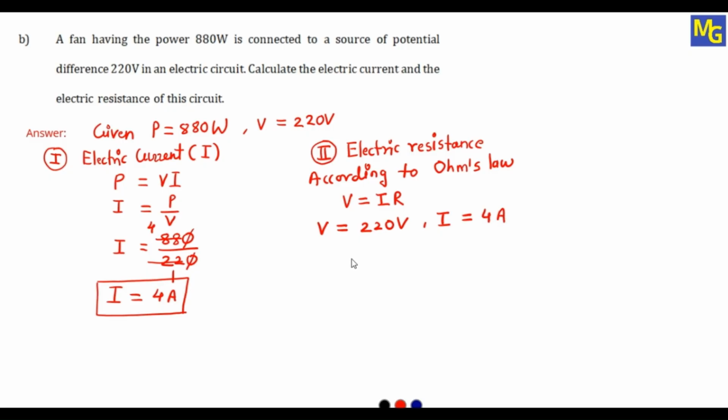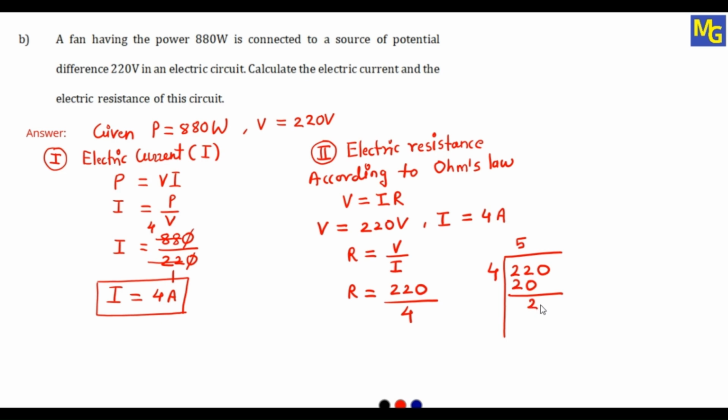So first we have to rearrange the formula. R is equals to V by I. And now substitute the values. R is equals to V is how much? We have got 220. I just now we have got, that is 4. And divide this. So how to divide it? So I will take here 220 and 4. 4 5s are 20.